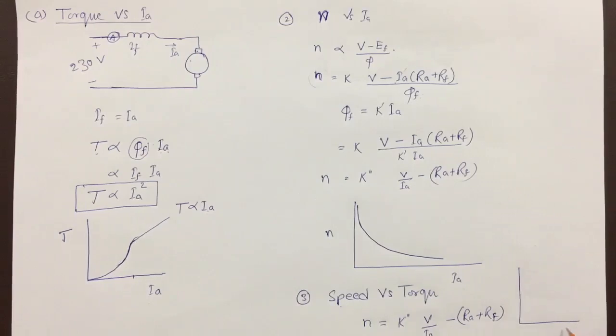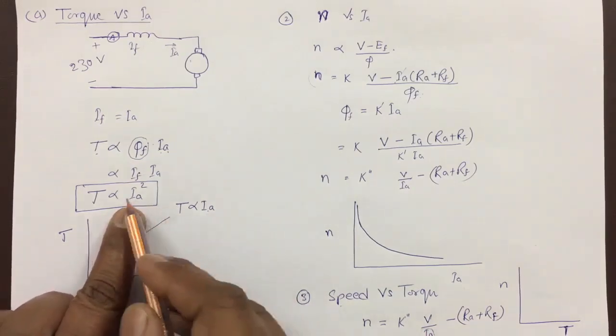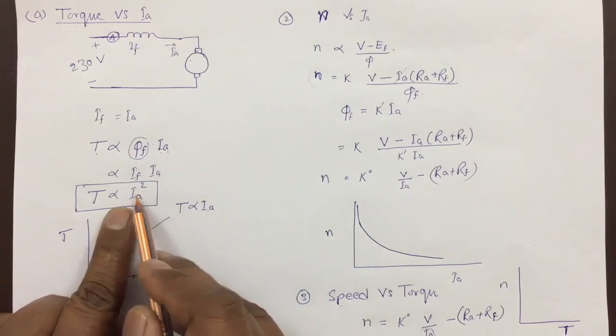So in the place of I, we should have torque. This current can be replaced with the torque equation, and we know the relationship between Ia and torque is given here.